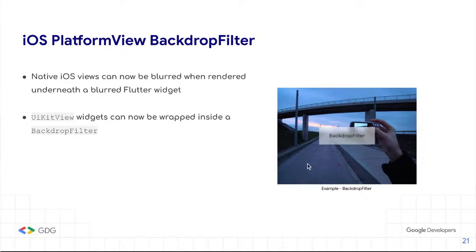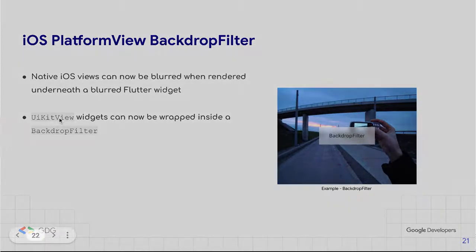So this is a new addition to native iOS. And also the UIKit view can be wrapped inside a backdrop filter. So these are some UI updates that you can now use on iOS devices.